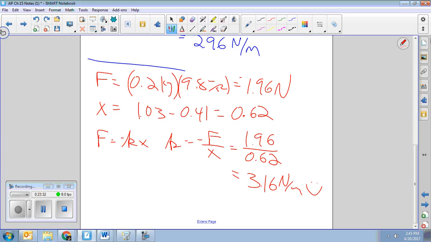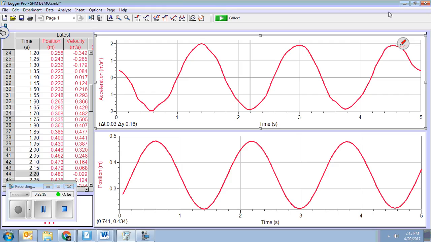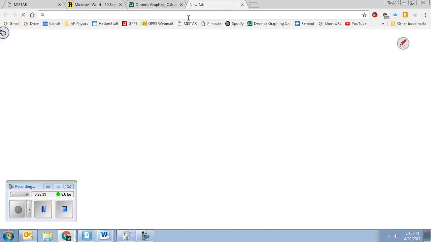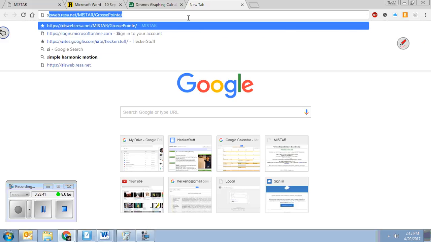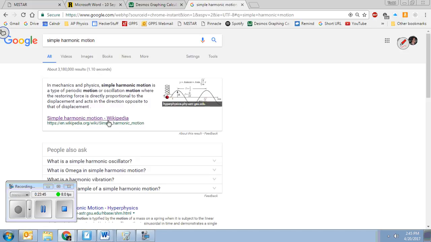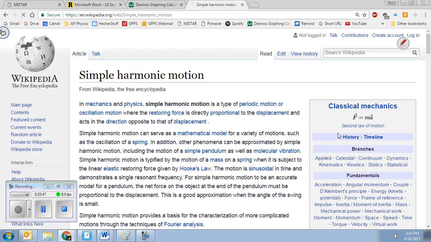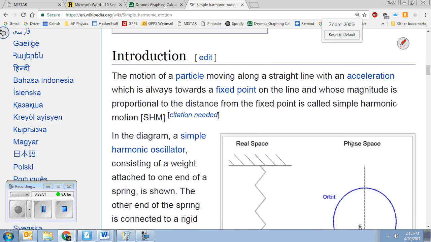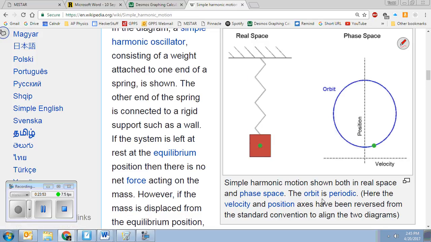And then Patrick was unsatisfied with that answer, as well he should have been. And he Googled, what did you Google again? You did simple harmonic motion, right? On Wikipedia, and he found this little visual, which simplifies it. So the idea is our object is oscillating down and up.